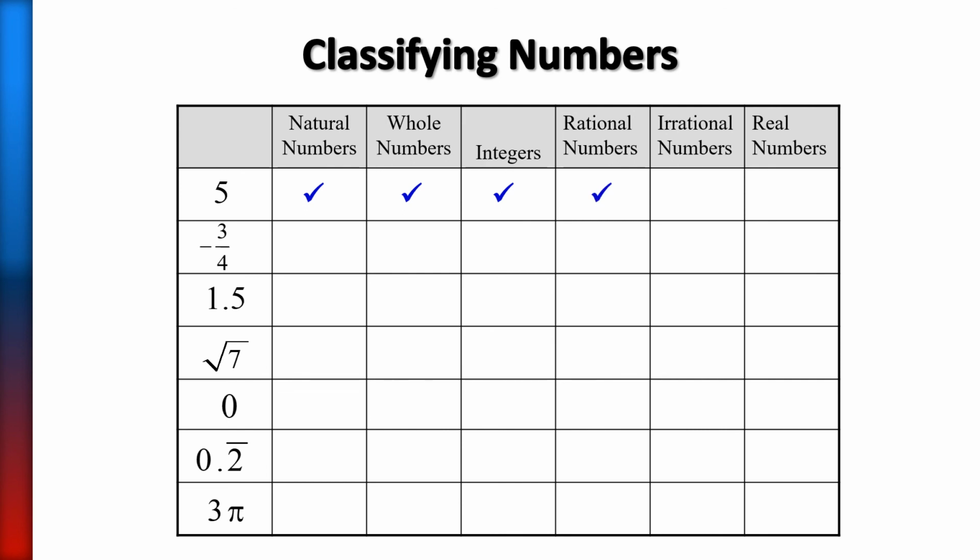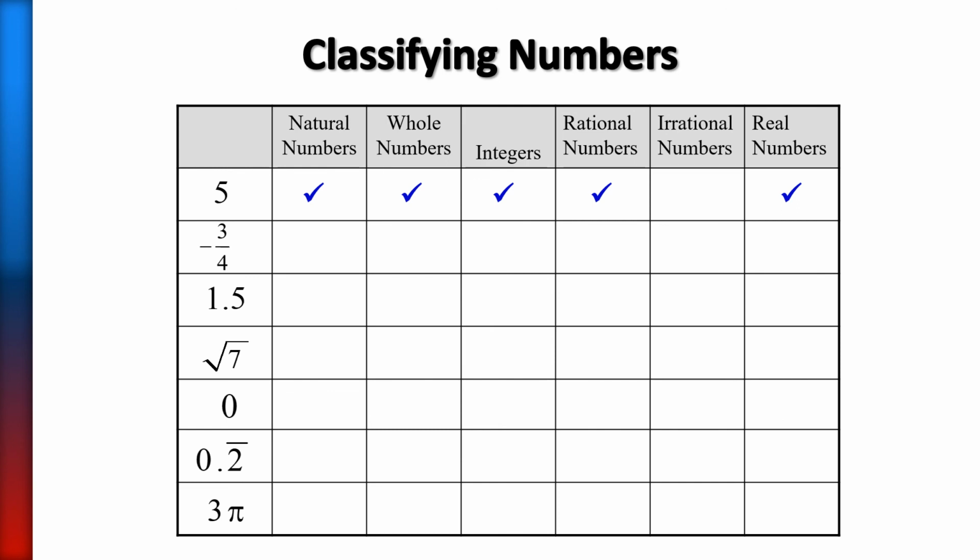Now, the thing you have to remember is a number can't be rational and irrational at the same time. You're one or the other. You're either rational or you're irrational. And since it is a rational number that can be written as a fraction, it's not irrational. However, all numbers fall under the category of being a real number, so we would definitely check that.